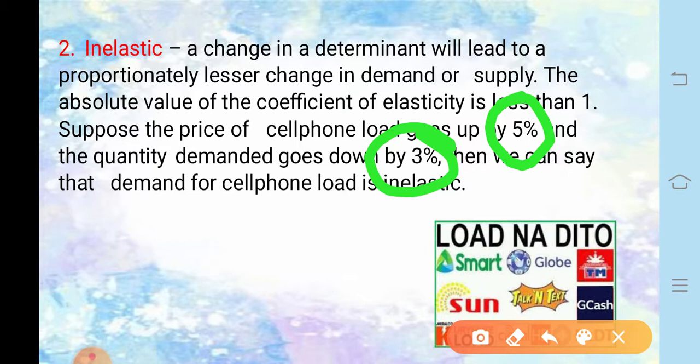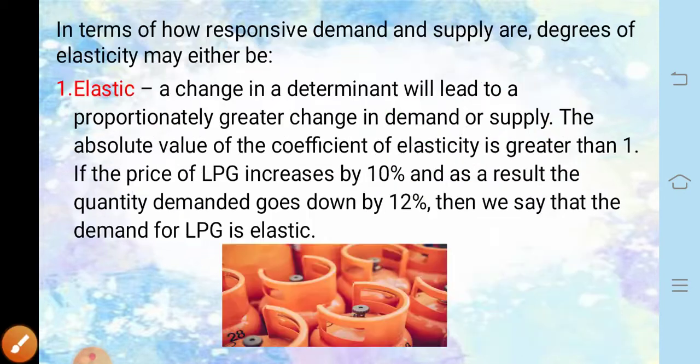Okay, we can say that it is inelastic if mas mababa yung binaba ng demand compare sa tinaas na price ng cellphone. Unlike dito, mas mataas yung pag-increase ng price, okay, which is the 10%.